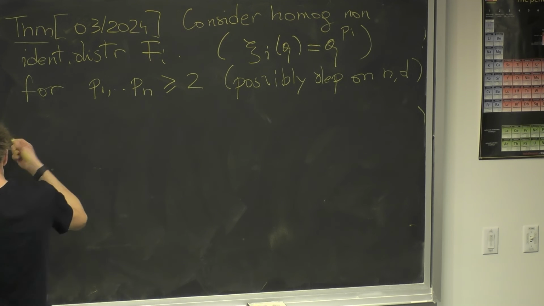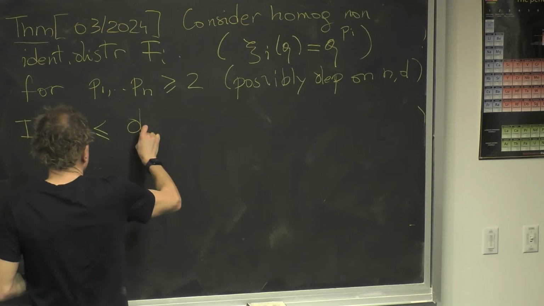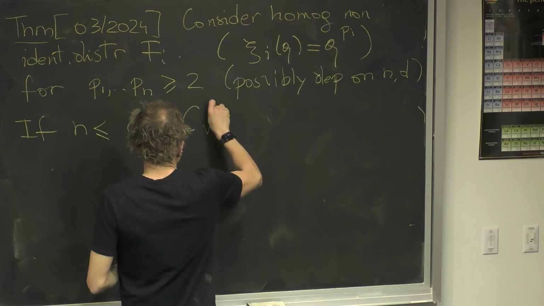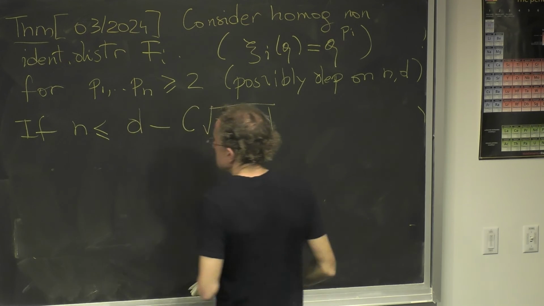And the claim is that if the number of equations is less than d minus a constant times the square root of d log d, then there is a polytime algorithm that finds an approximate solution with high probability.